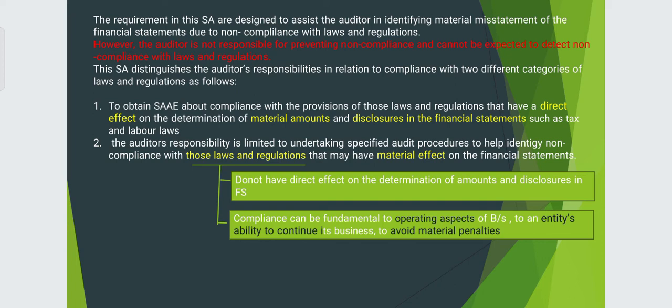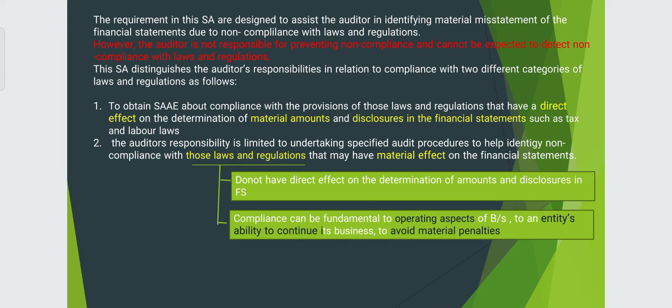And the second one is that the auditor's responsibility is limited to undertaking specified audit procedure to identify non-compliance with those laws and regulation that do not have direct effect on the determination of amount and disclosures in financial statement.